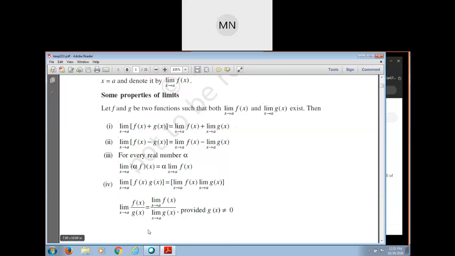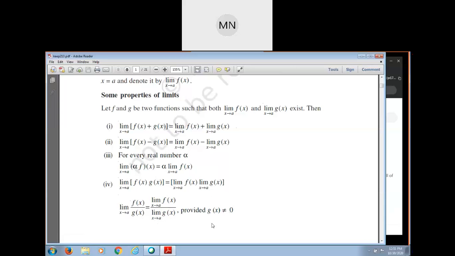Okay, similarly for the division, limit x tends to a of f of x by g of x is limit x tends to a f of x divided by limit x tends to a g of x. Here there is a necessary condition that g of x does not equal 0.